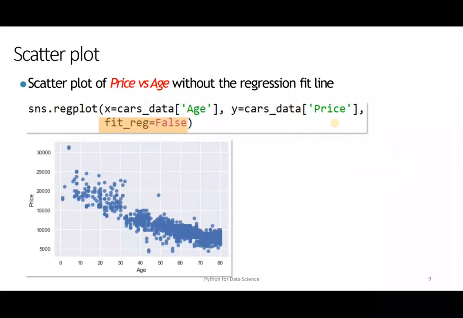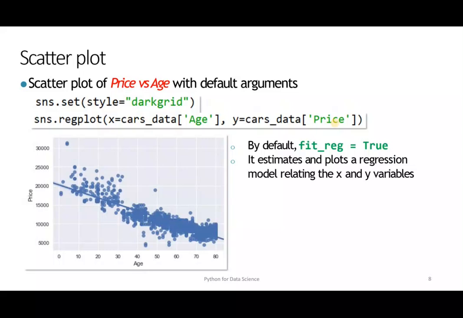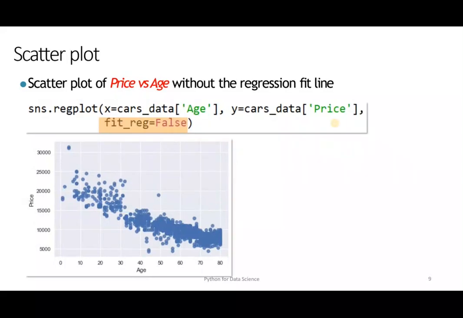Now we are going to do a scatter plot of price versus age without the regression fit line. That is very easy. You can retain the same command as in the previous slide, but you just need to add another parameter called fit_reg and set it to False.